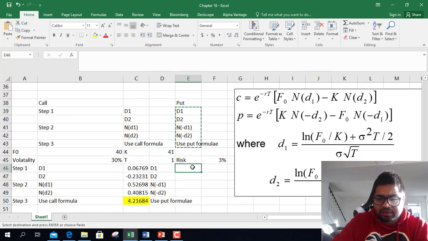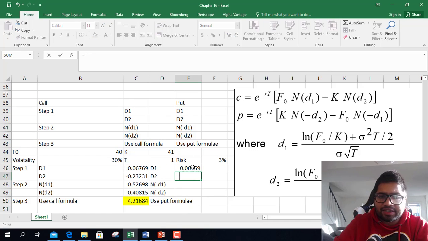For put, the process for calculating D1 and D2 is the same.